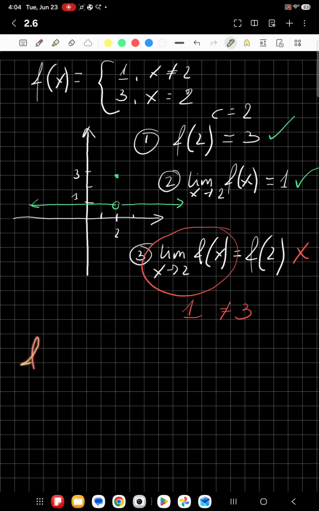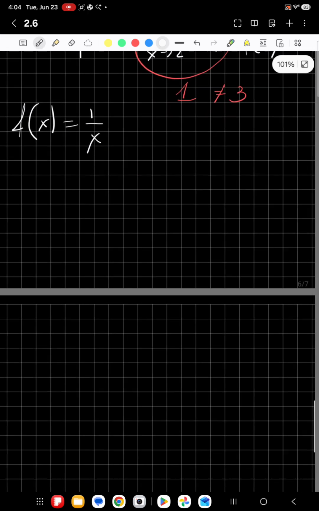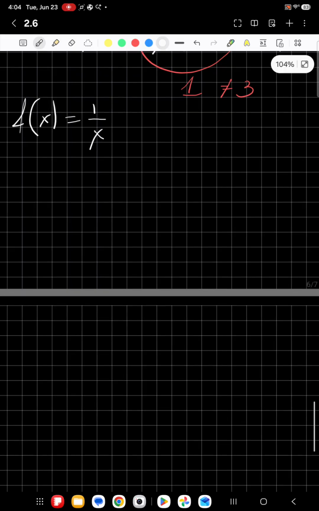All right, let's look at another example. The first one we looked at, f of x equals 1 over x. Checking for the first condition: the function needs to be defined at c.